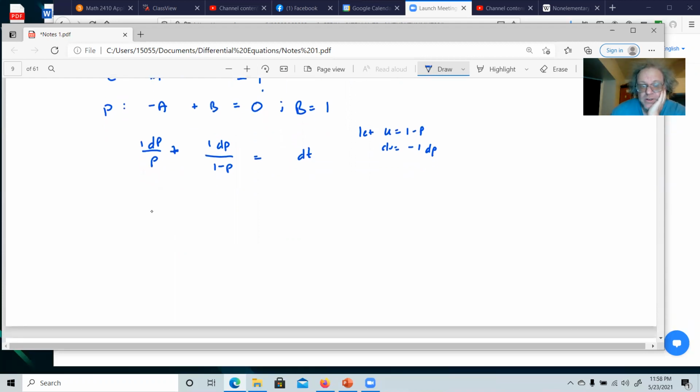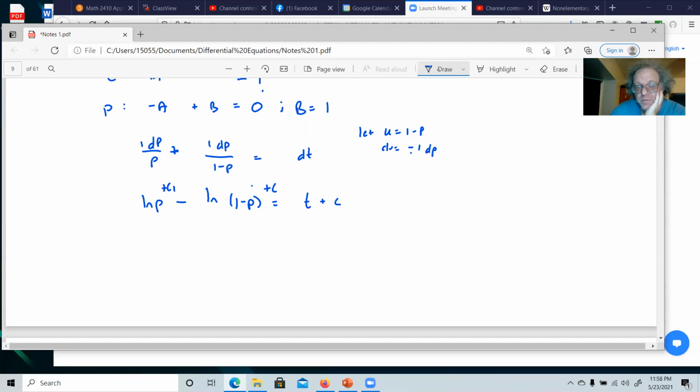Okay, so we have natural log of p minus, because of this guy, more natural logs. Okay, so minus natural log of 1 minus p, and that is equal to t plus c. Okay, technically there's a plus c over here as well, because we integrated.